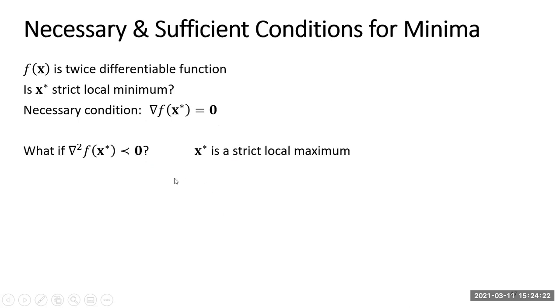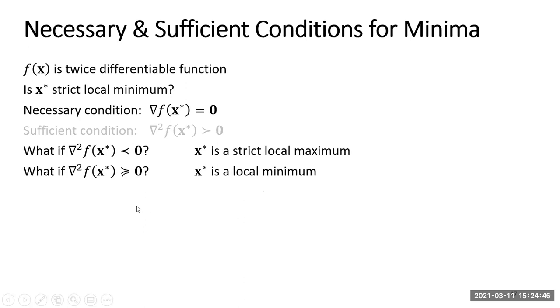And likewise, for local maximum, we have the condition: if the Hessian is negative definite, then x star is a strict local maximum. Okay, and you can reason out the rest. What if del square f of x star is positive semi-definite, then x star is a local minimum, but it's not a strict local minimum.